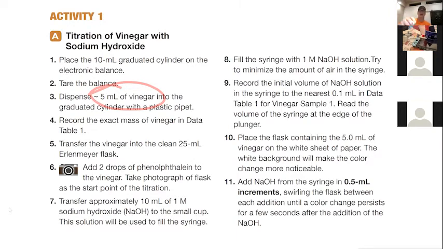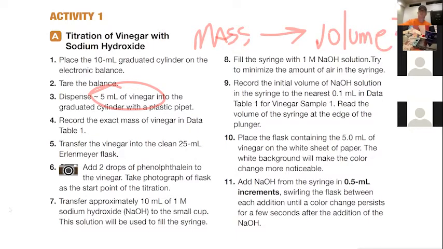How are we going to do that? How do we take the mass of something and convert it into a volume? If I have a liquid and I measure its mass, what do I need to then determine what the volume of it is?